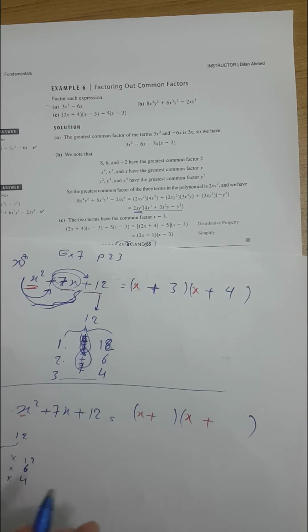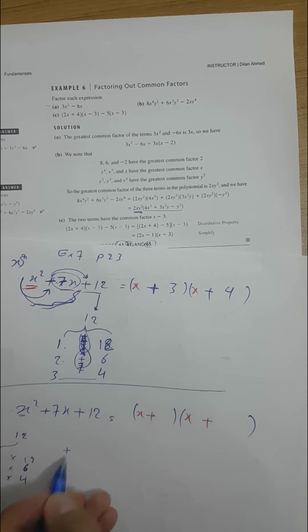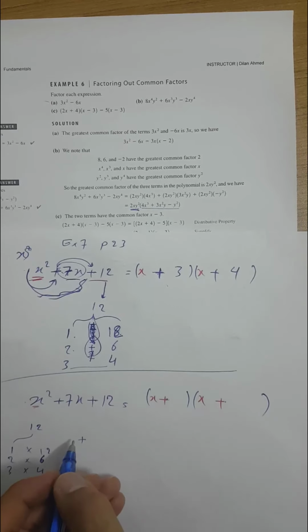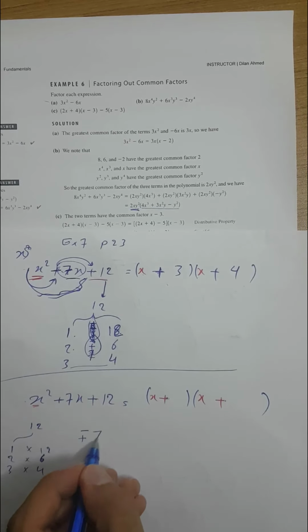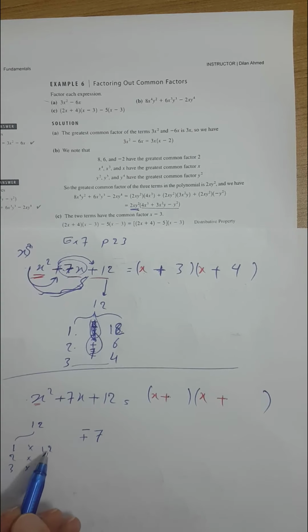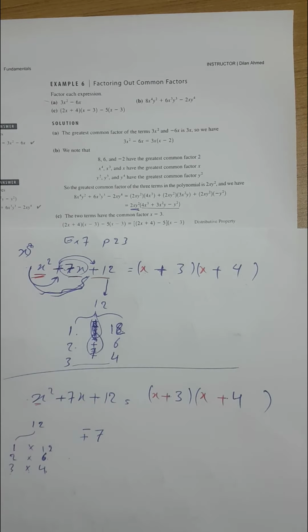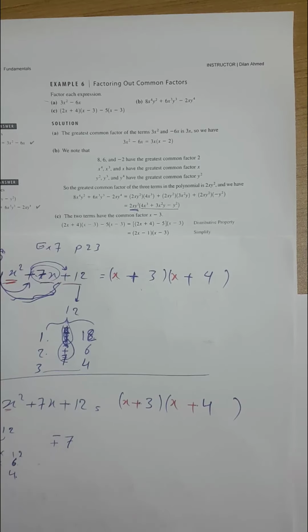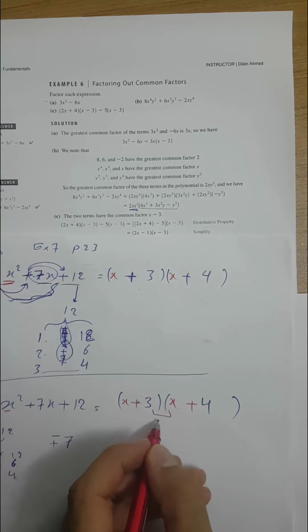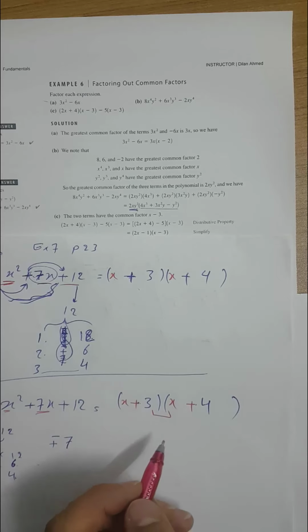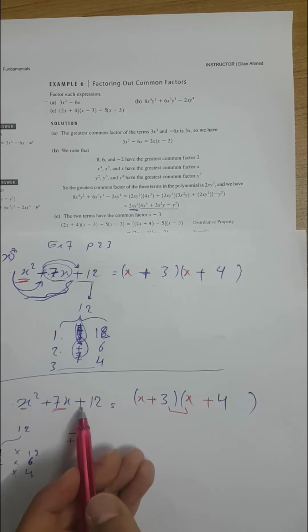So which of them, if you add or subtract, is equal to 7? 1 plus 12 is 13, 2 plus 6 is 8, 3 plus 4 is equal to 7. That's why we put 3 and 4. If you want to check your answer, multiply to be sure that the middle term, the second term, is correct.